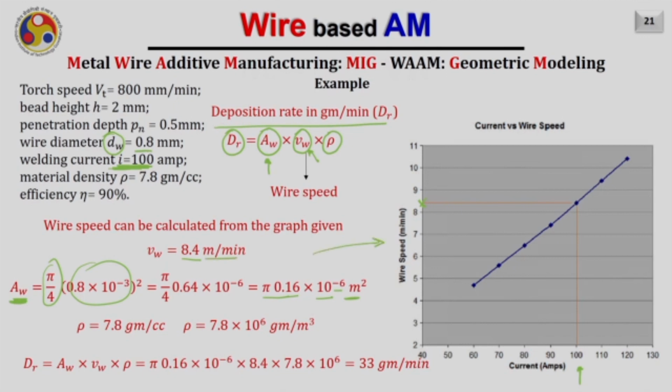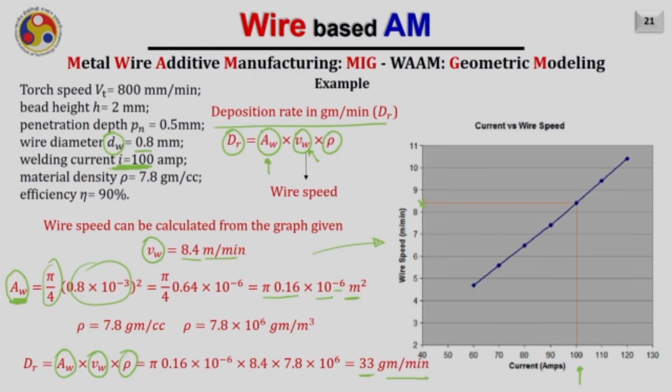That is what is given in the diagram. Once I know the velocity of the wire and the cross sectional area of the wire, I can easily find the deposition rate. So the deposition rate will be equal to the area of the wire into the velocity of the wire into the density. After solving this, we are getting 33 gram per minute.